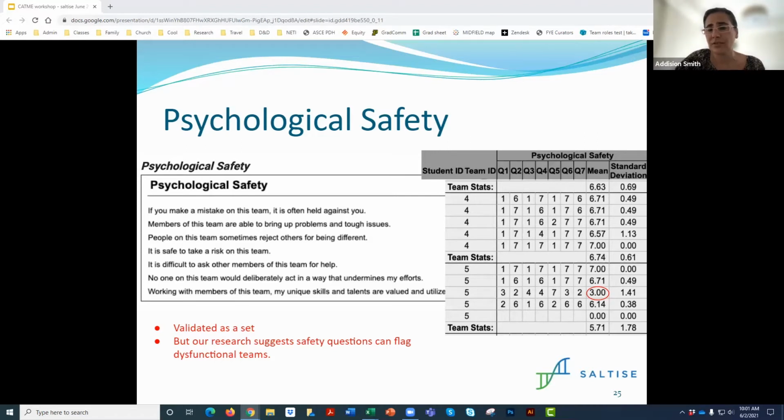This is a student that's struggling, that's having a hard time. And these questions have been validated, and the research has shown to immediately highlight a dysfunctional team. And there's a lot of other surveys. We'll probably go over them in the workshop, but this particular one, Dan recommended, and I can't recommend it enough. Matt, next one, please.